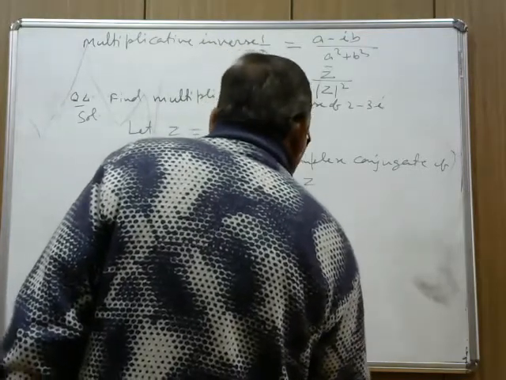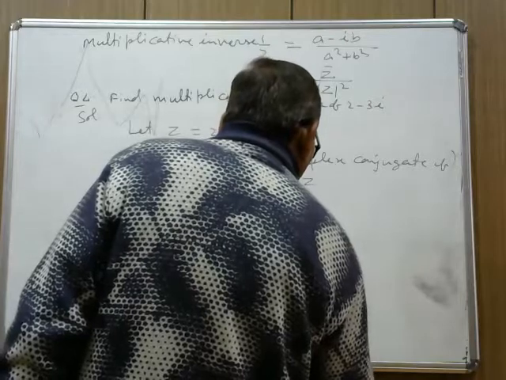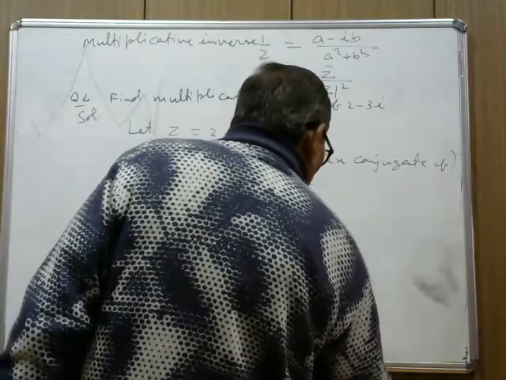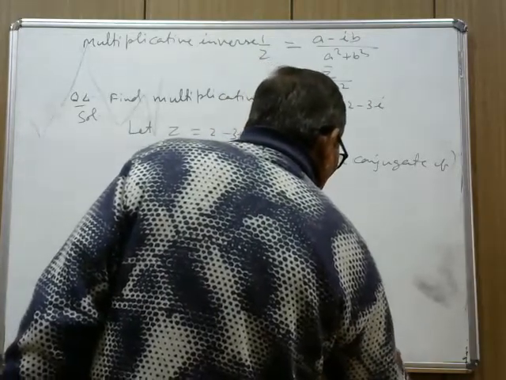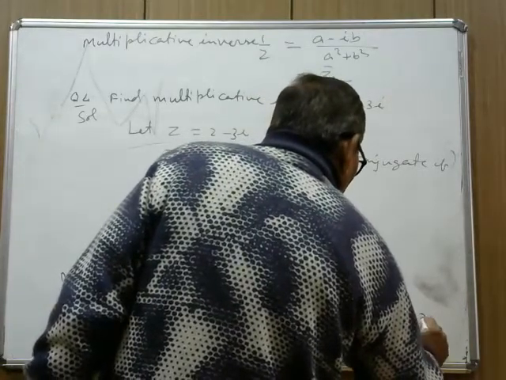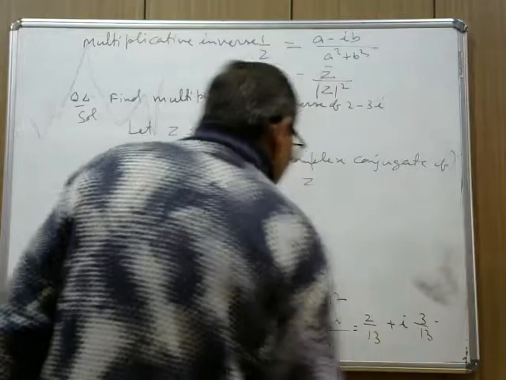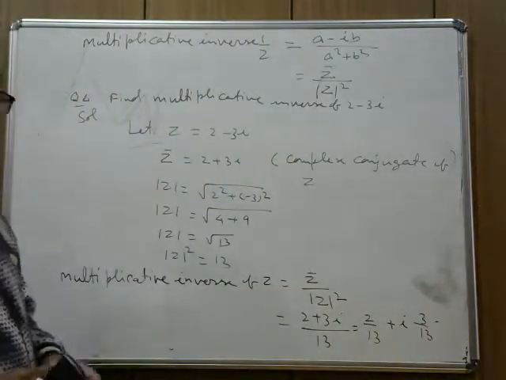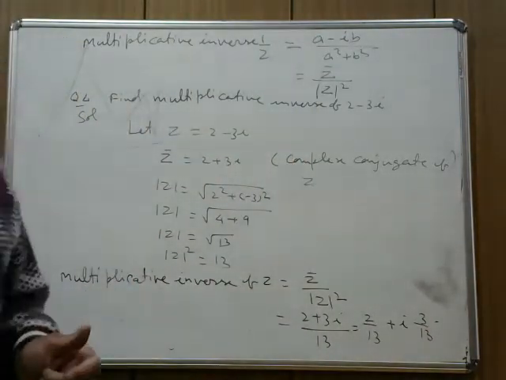Z bar is 2 plus 3i upon mod z square, which is 13, that equals 2 by 13 plus i 3 by 13. This is the multiplicative inverse, you can find it directly.